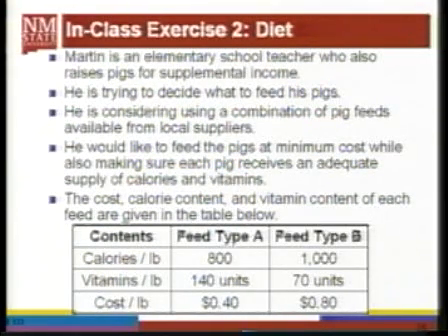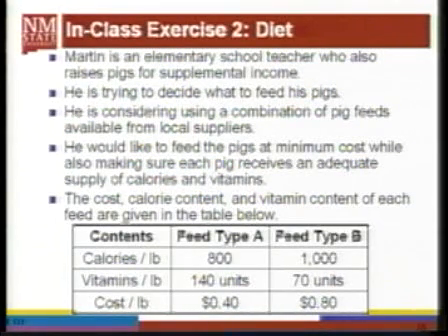The further constraint is that no more than 1/3 of the diet by weight can consist of feed type A, because it contains an ingredient which is toxic if consumed in too large a quantity. Okay.